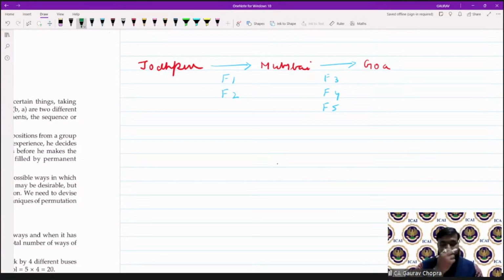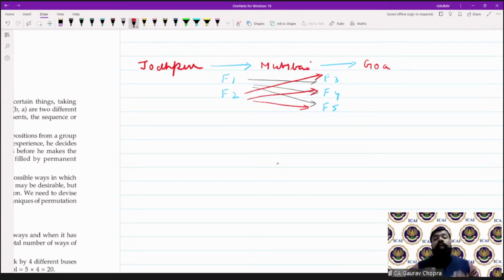The answer is very simple. We can take flight 1 from Jodhpur and then flight 3 from Mumbai, or flight 1 and flight 4, flight 1 and flight 5. These are the three ways. Flight 1 के साथ हमने 3, 4 और 5 को सेलेक्ट किया. Then there are other options also. If flight 2 is selected, then F2 with F3, F2 with F4 and F2 with F5.